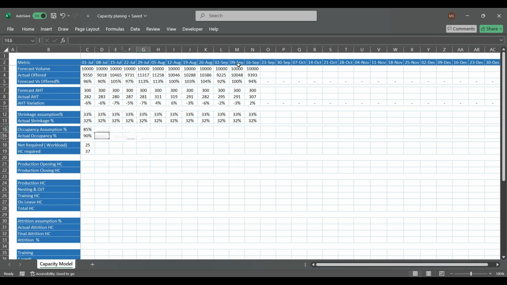And also, if I move on this till 6, these impacts you will see in the occupancy part. So let's suppose we have considered 85% occupancy, and however we are getting 90% and 92%, just because we did not consider the right assumption.